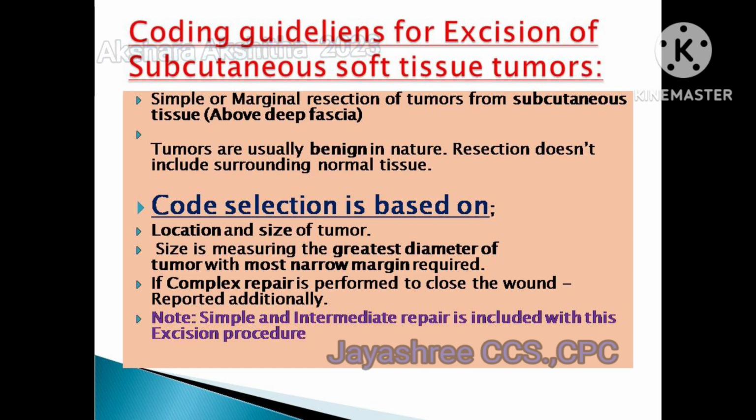If a complex repair is performed to close the wound, we can code the complex repair additionally. If the doctor performs a simple or intermediate repair along with the excision, there is no need to report it; code only the complex repair if the doctor additionally performed it. Okay, so that's all about the normal excision coding guidelines.